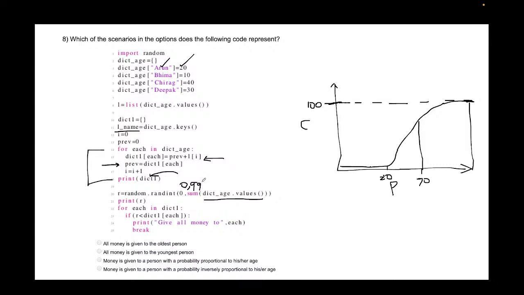So when the oldest person's cumulative age is 100, that is definitely greater than whatever the random generator produces between 0 and 99. So all the money will go to him. Is that clear? So we can clearly choose this option.